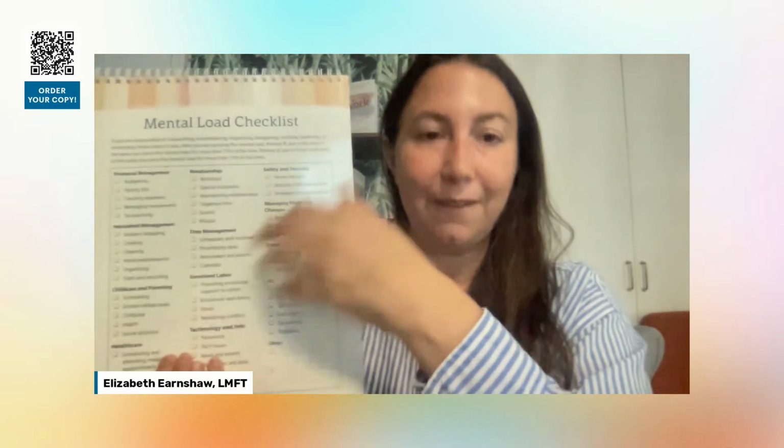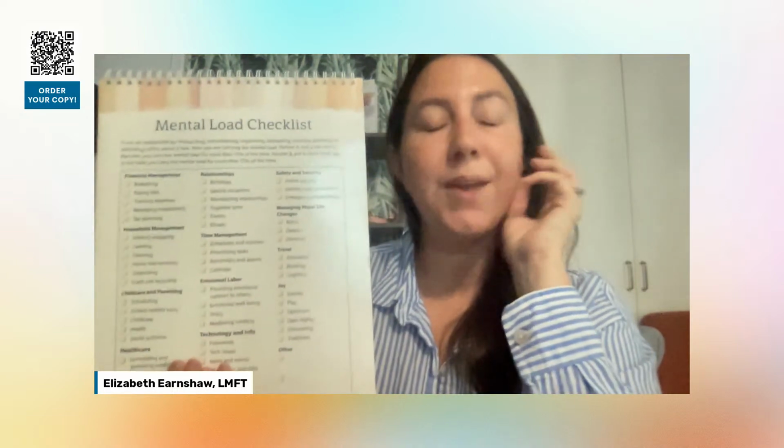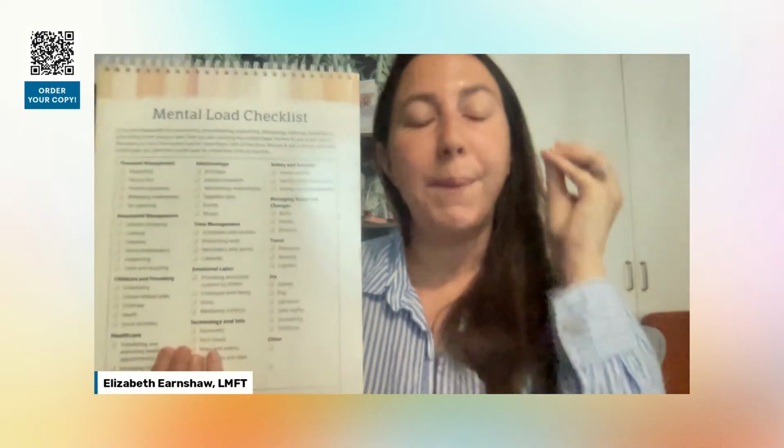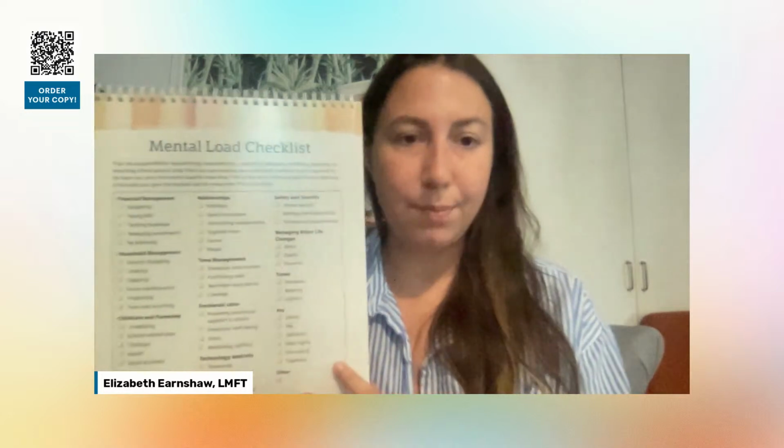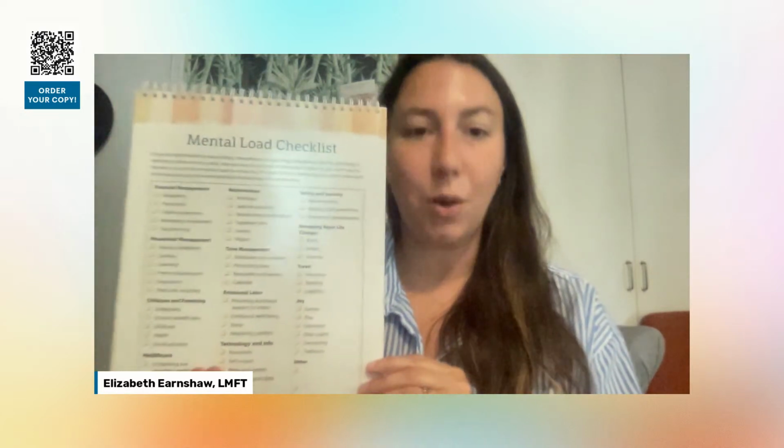I often experience when I give couples this checklist that one of the partners says, this is the first time I have felt seen because I have put on paper everything that I am keeping in my mind. And it is so exhausting. The other amazing aspect of utilizing this chart is that it might be the first time their partner really understands the burden.